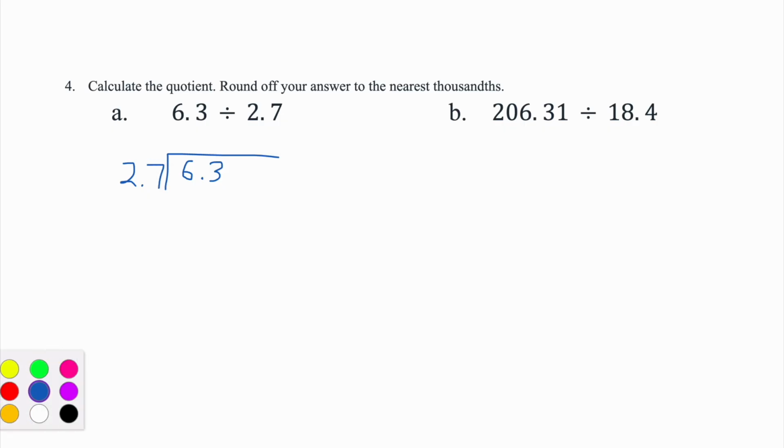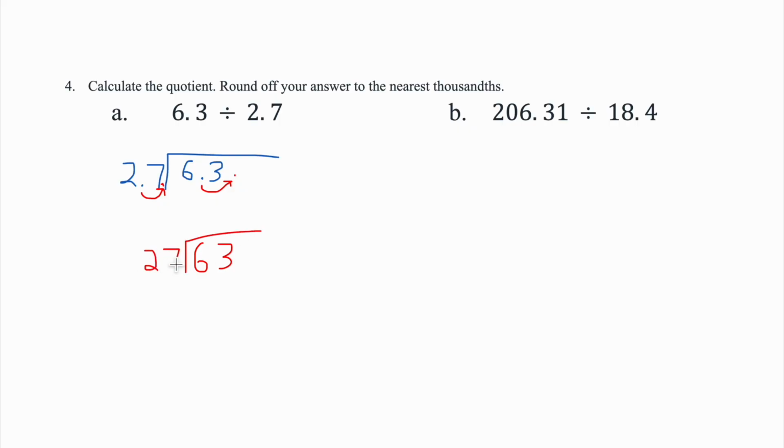I gotta set that up properly. I need to move this decimal over because I want to use a whole number for my divisor, which means I gotta move this decimal over as well. All right, so I've got 63 here, and then I've got 27 here.